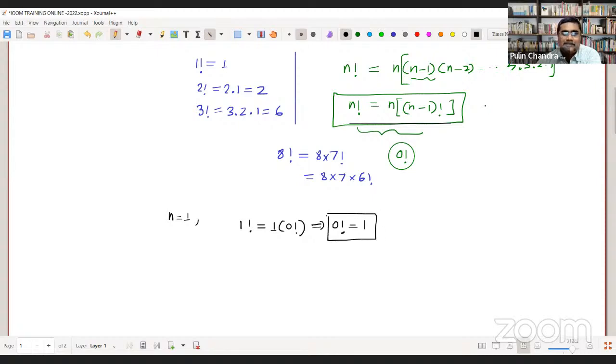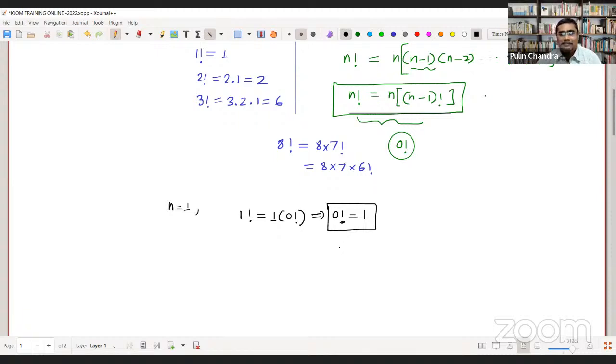So this way, we just generate it. So henceforth, we have to remember that somewhere if I get 0 factorial, then we should consider it as 1. So two things we have just come to know. One is the n factorial, and then 0 factorial is equal to 1. And the other factorials you can easily find. There is no problem at all.